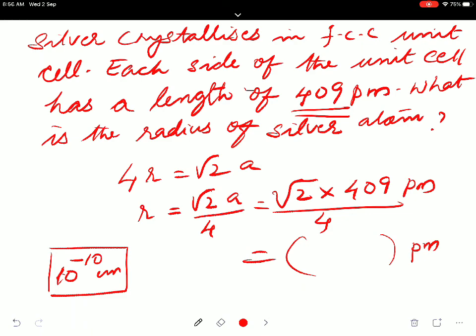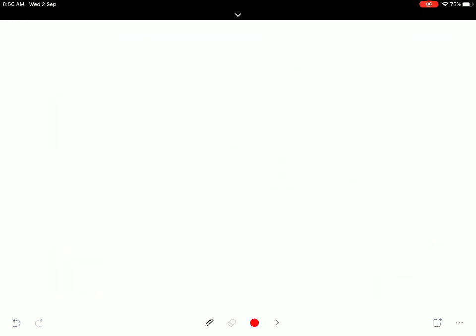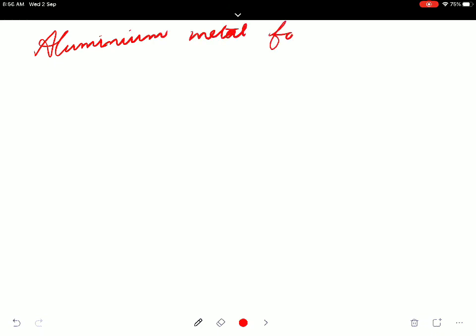Okay. Next question. Aluminium metal forms a cubic close packed crystal structure.